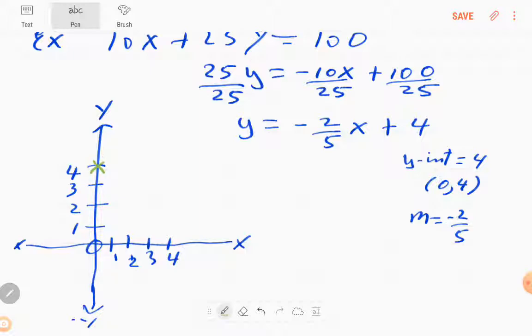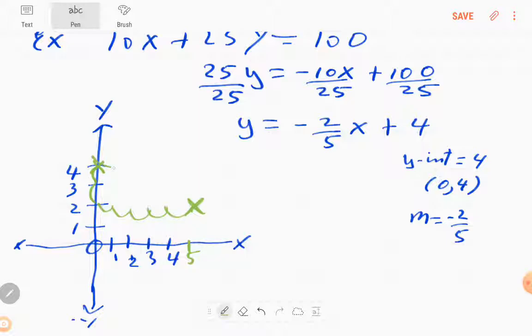Our slope is negative, so we're going to go down from left to right. Whenever we have a negative, we're going to go down. So going down 2 units, and then going to the right 5 units. So moving across 5 units, our second point is here.